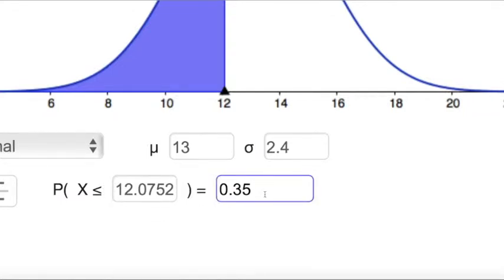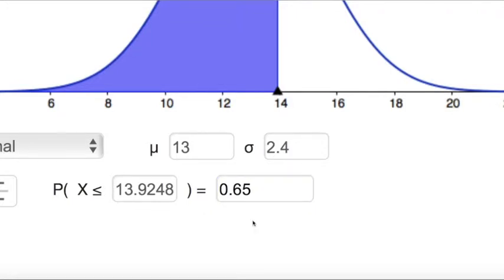Now in order to find my highest, I said that my highest was P65, so my 65th percentile, 0.65, and then I got this. And that tells me that my x for that is 13.9248.